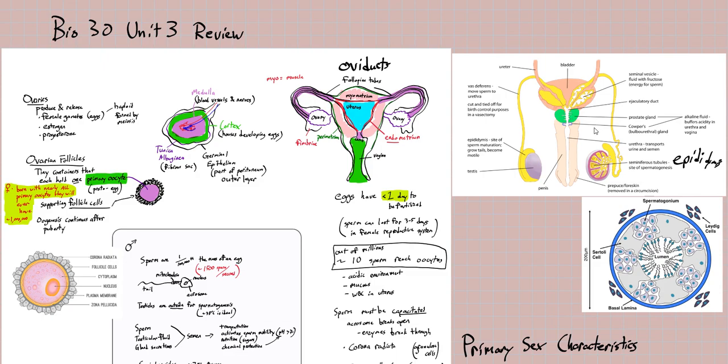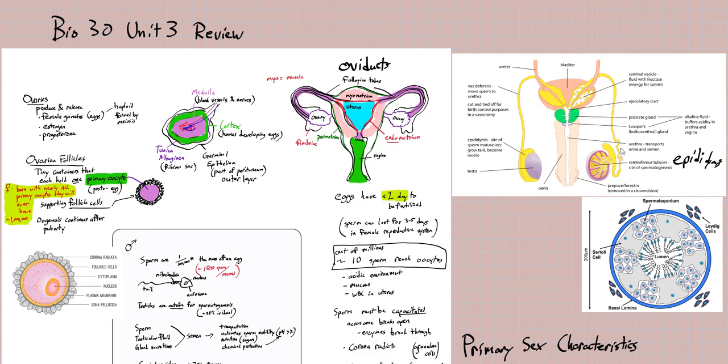To keep the pH right, to feed the sperm, to protect them. We have the penis that they travel through. This is common territory now for urine and for ejaculate, whereas in females the vagina is for reproductive purposes, but not for urination.